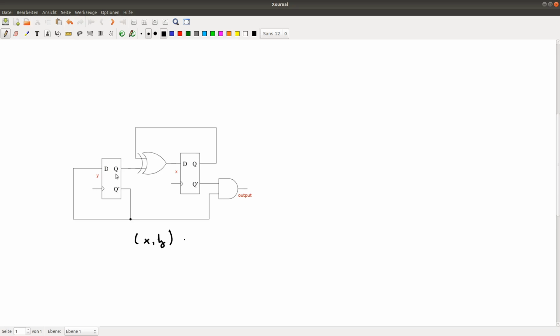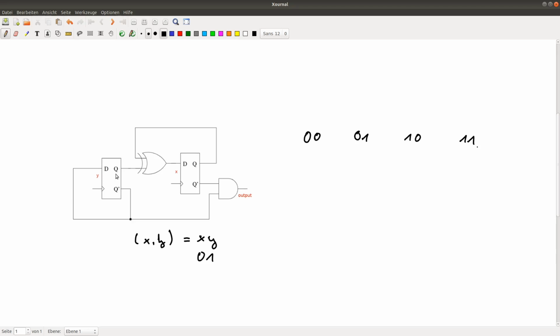For convenience, I do not always write the pairs, but just write X, Y, and if X is set to false, I write a 0, and if it is set to true, I write a 1 at the first component, and the same for Y. So for example, 0, 1 denotes that X is set to 0 and Y is set to true. Since we have 2 bits that define the states, there are 4 possibilities. We can have state 0, 0, state 0, 1, state 1, 0, and state 1, 1.